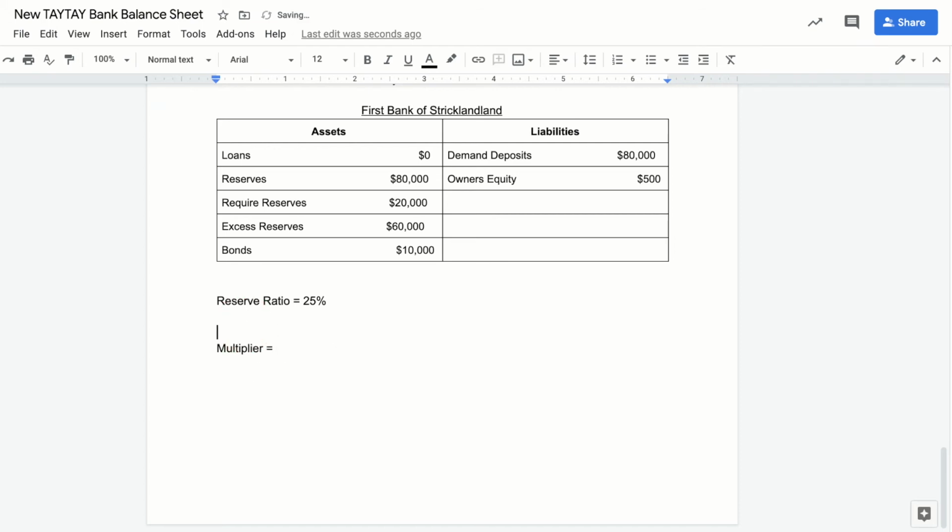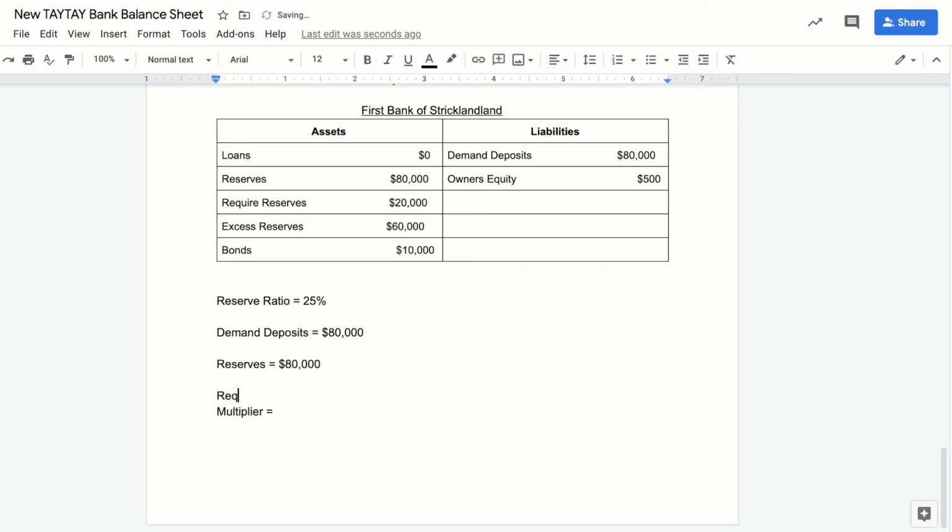Right now, in demand deposits, Strickland Bank has $80,000. Their total reserves at the moment are $80,000.